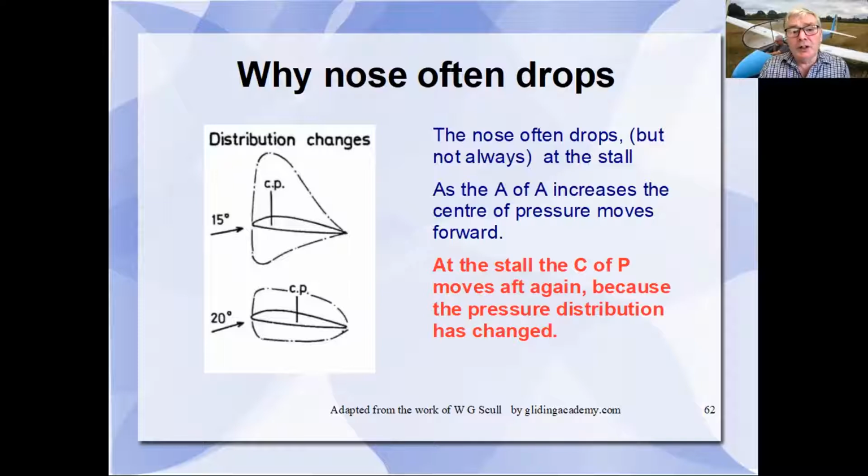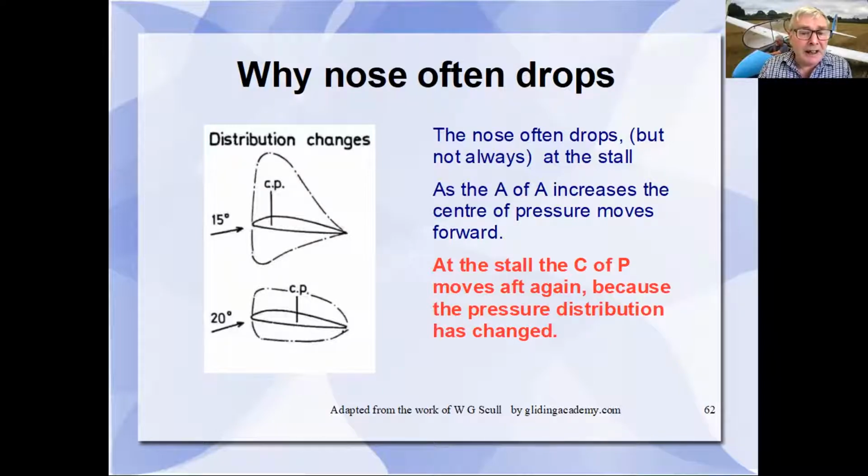Now the nose often drops. In fact, typically the nose goes down at the stall, but it doesn't always, so that's something just to bear in mind. We can have a condition where we have a mush stall, where the glider is fully stalled but the nose hasn't gone down. But in general terms, the nose goes down.